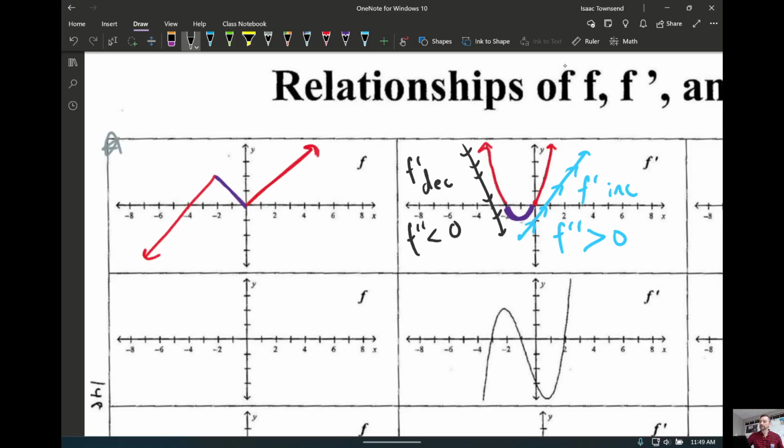When the first derivative is decreasing, the second derivative is negative, which means the function is what? So we need to try to make it look concave down from -infinity to -1. So add a little bit of curvature without messing up the increasing decreasing.